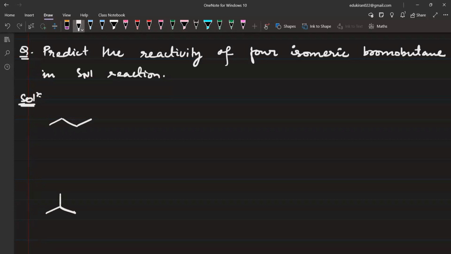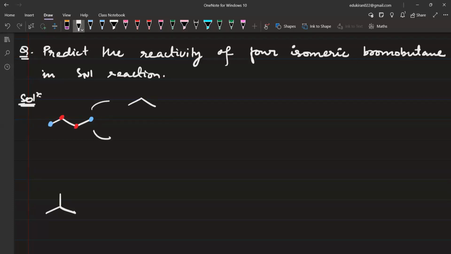There are 3 CH3, CH3, CH3, and in the center a CH carbon atom. Now, if I'm going to attach bromine into butane, there are two possibilities from the first structure of butane. I can either attach it in one of these carbon atoms, the 1-degree carbon, or I can attach it in one of these, the 2-degree carbon atoms.